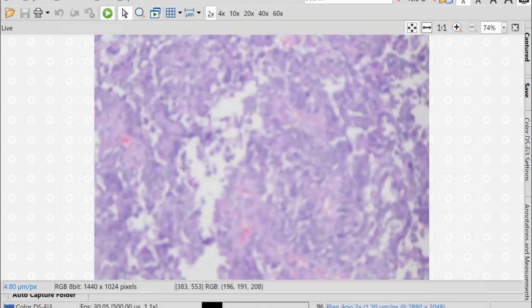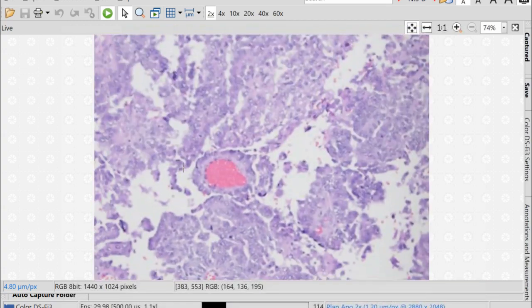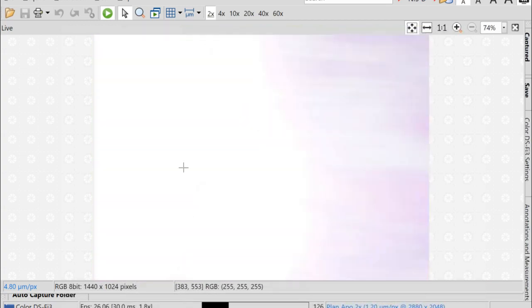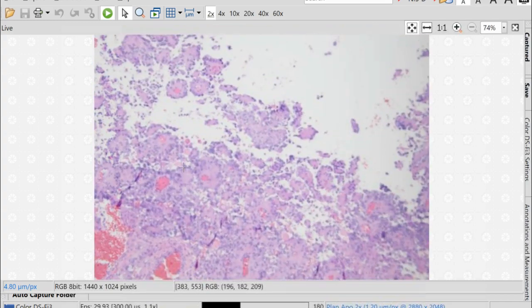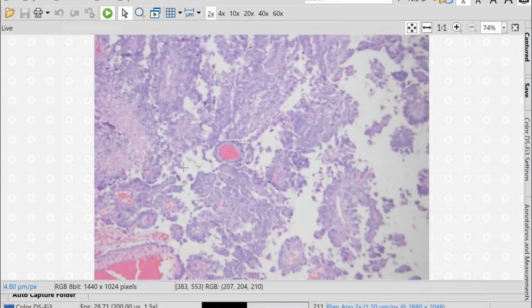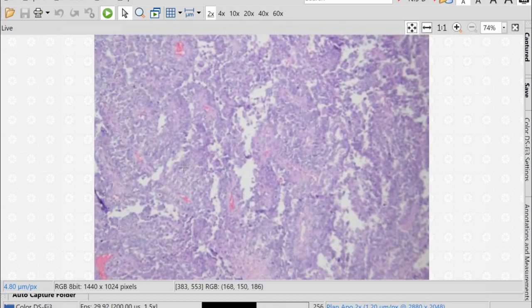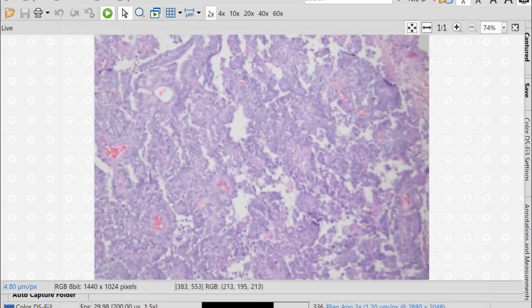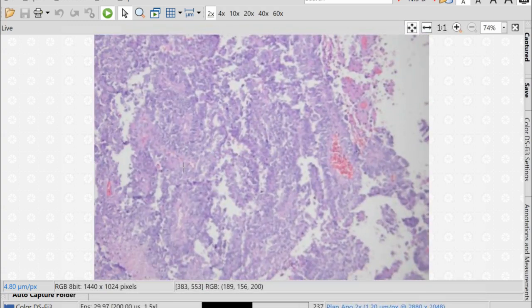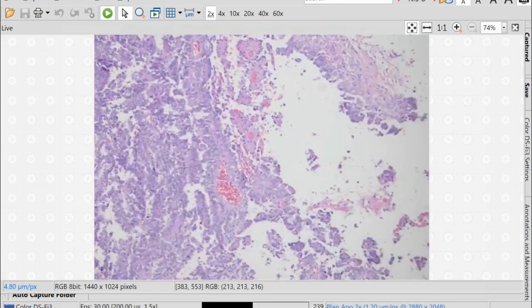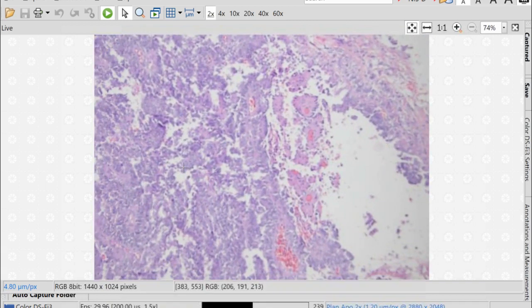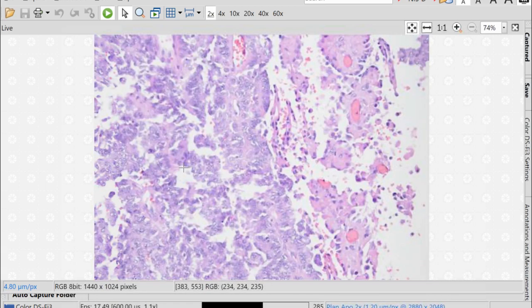So there's a lot of variability for a carcinoma. But in the pediatric population, this is a more straightforward diagnosis to make because the main differential diagnosis is metastatic carcinoma, and that is not usually a problem in the pediatric population.